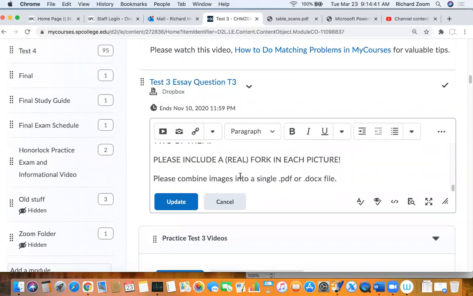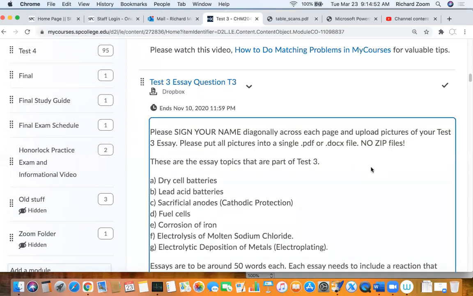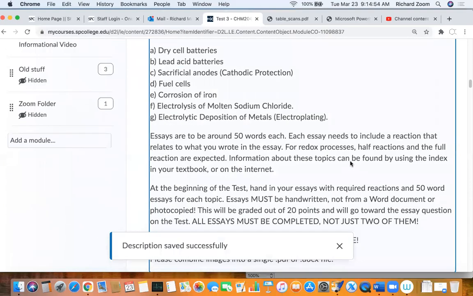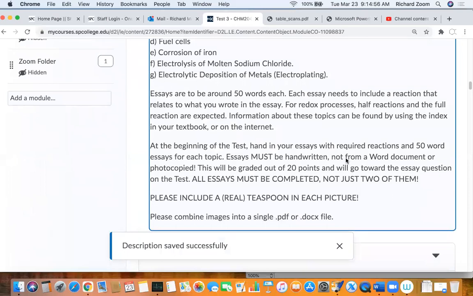I'm going to change this to a teaspoon. So you need to include a teaspoon in each picture. That's weird, isn't it? I've lost my mind, haven't I? Does anybody know why I'm asking you to include a teaspoon? Or do you think I'm just nuts?